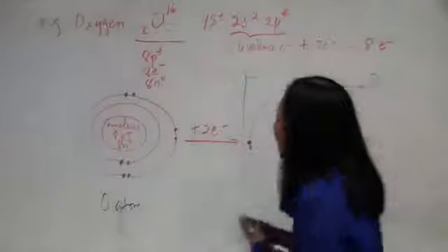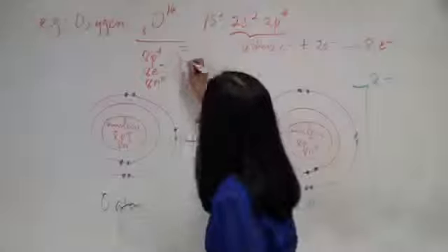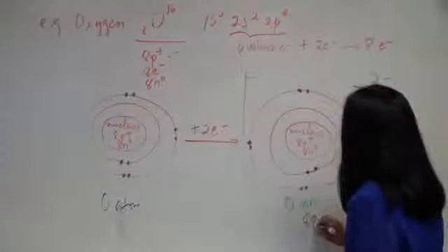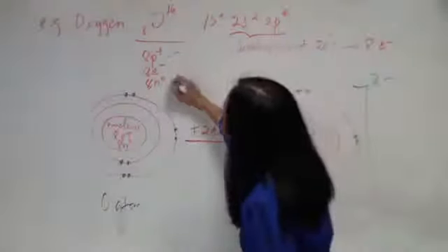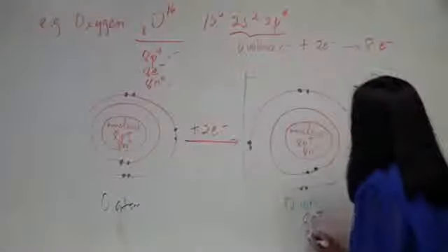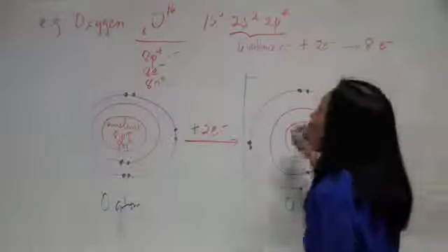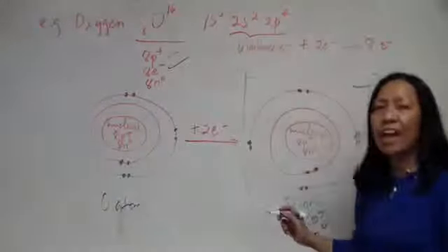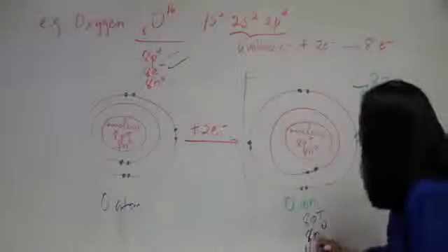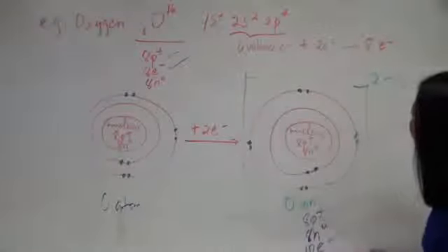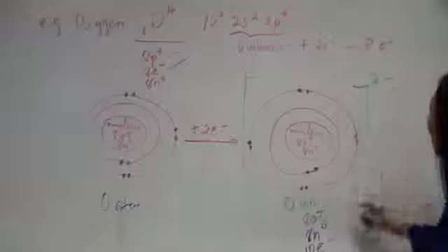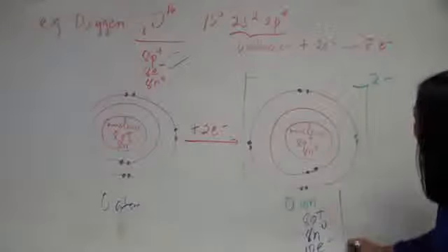And let us compare. Your atom has 8 protons. Your ion will still have 8 protons. Your atom has 8 neutrons. It will still have 8 neutrons. But now, how many electrons do you have in total? You will have 10 electrons. So how did I get the charge of -2 for oxygen?